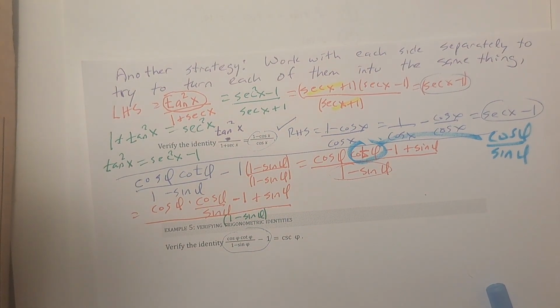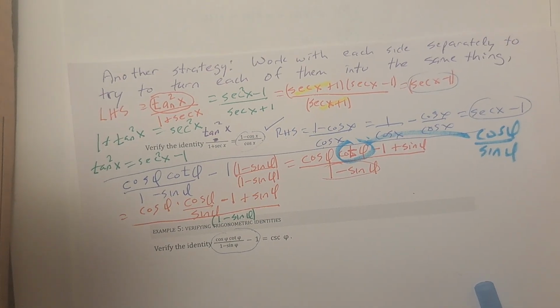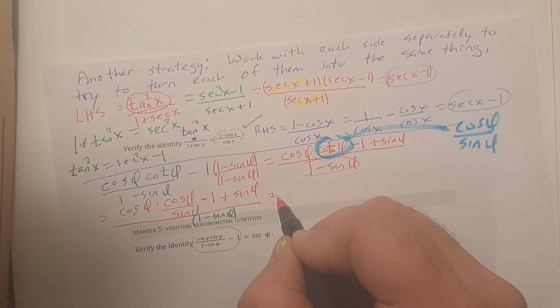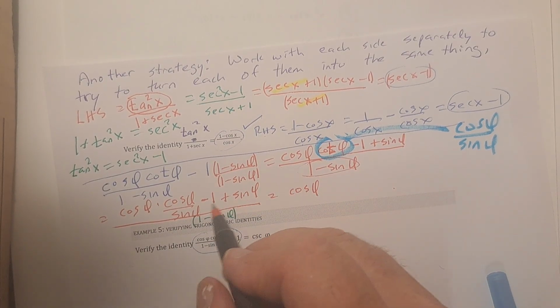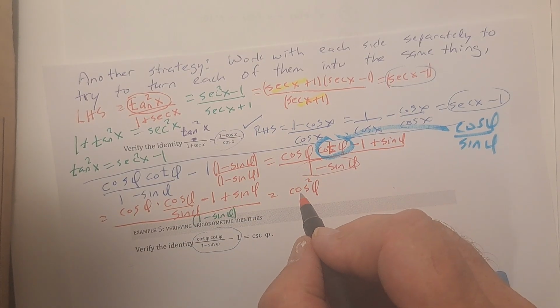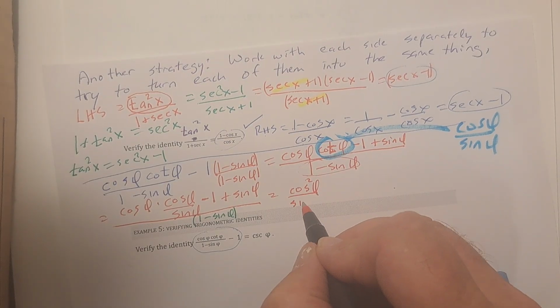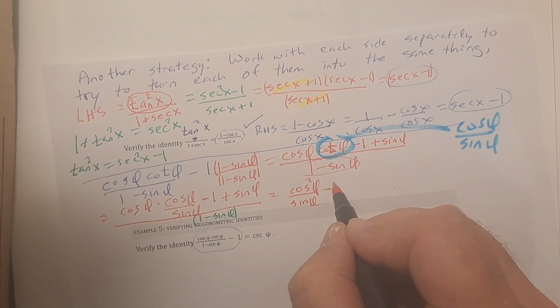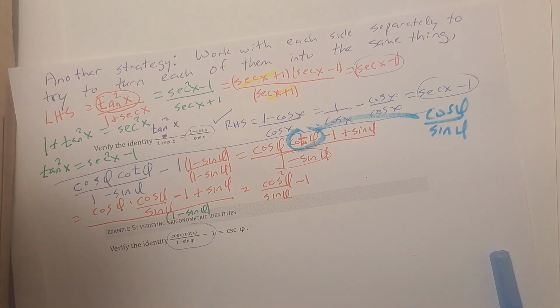Okay, now that I've done that to the top, I no longer have a common denominator in the top. So I'm going to make a common denominator in the top before I try to simplify, because that'll help me in general. So this will be cosine squared phi, because cosine times cosine, and then it's divided by sine. I'm going to take this 1, number 1, and multiply it by sine over sine, so that I have a common denominator of sine.